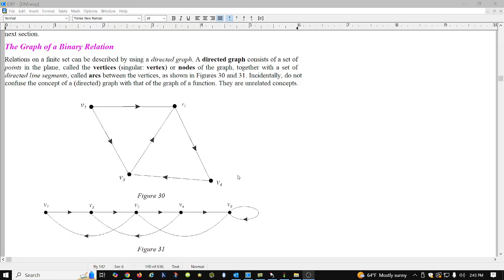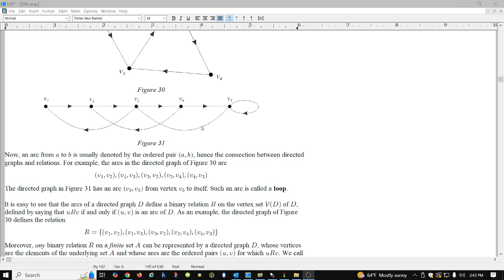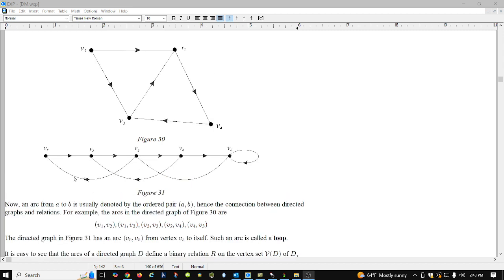Incidentally, this use of the term graph is entirely distinct from the graph of a function that you do in calculus. So totally different meaning, same word, different meaning. Now, an arc from A to B is usually denoted by an ordered pair, AB.